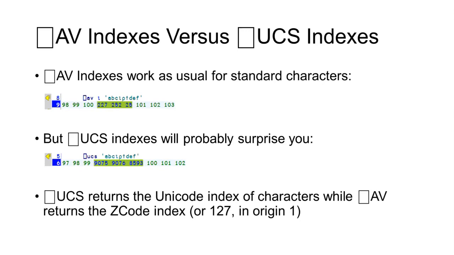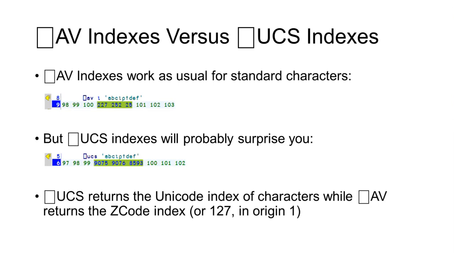That's because quad AV encodes characters that are not part of the ASCII character set using code positions that are part of quad AV. These are not the standard positions, and if you took those characters and represented them in any other language or in a document, for example, and used the indexes from standard APL plus win, you'd get the wrong characters.